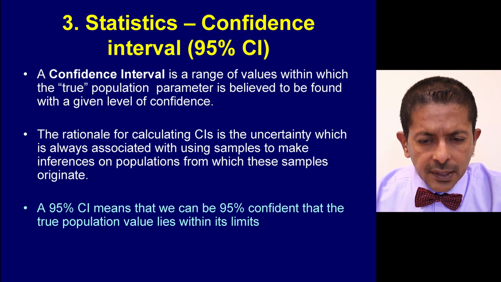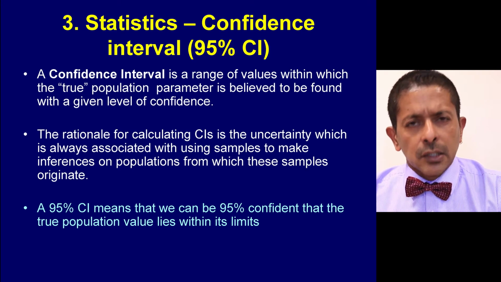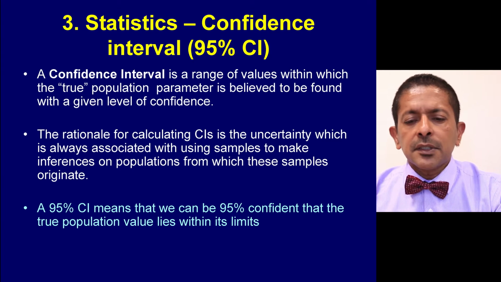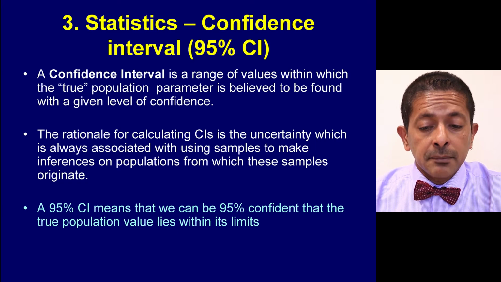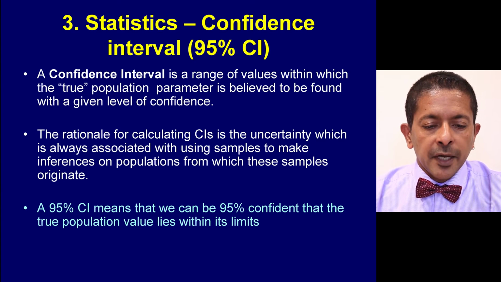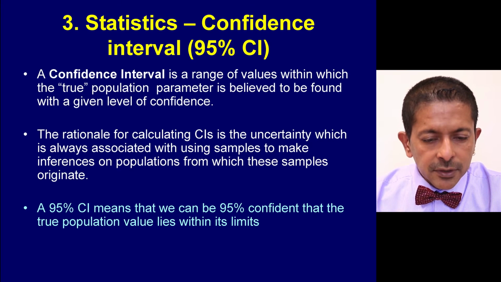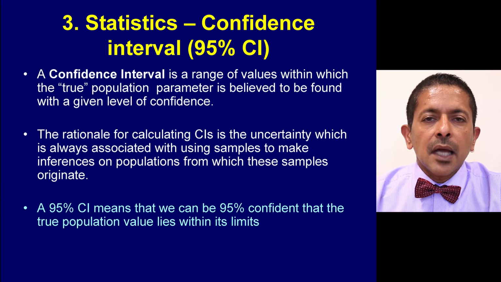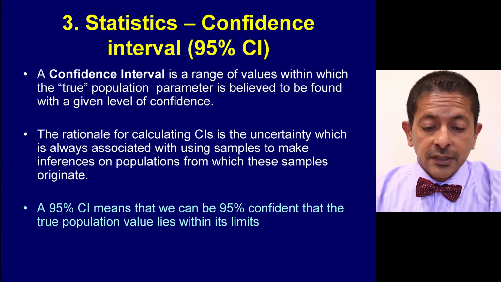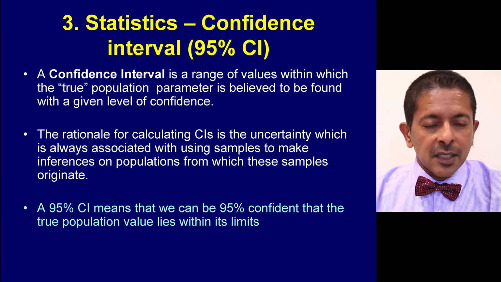Confidence intervals and 95% confidence intervals. Now, what is a confidence interval? Well, a confidence interval is a range of values within which the true population parameter is believed to be found with a given level of confidence. So the rationale for calculating confidence intervals is the uncertainty which is always associated with using samples to make inferences on populations from which these samples originate.